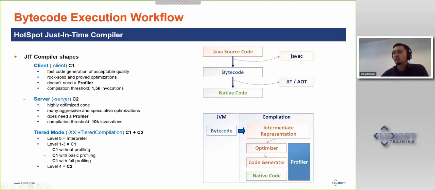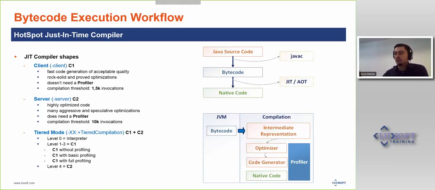The server compiler is mainly in charge of highly optimized code because it does a lot of aggressive and speculative optimizations. It means it does an optimization even if it's not able to prove it. For example, I do this optimization under a check condition, and if afterwards that check condition is not valid, I have to deoptimize and switch back into the interpreter.